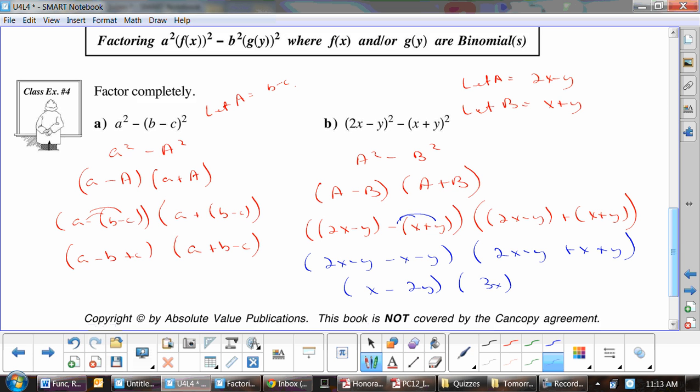And the book would have it written like this: 3x times x minus 2y. Okay? All I've done, a times b is the same thing as b times a, but usually the number, one term, will follow the two terms. Okay?